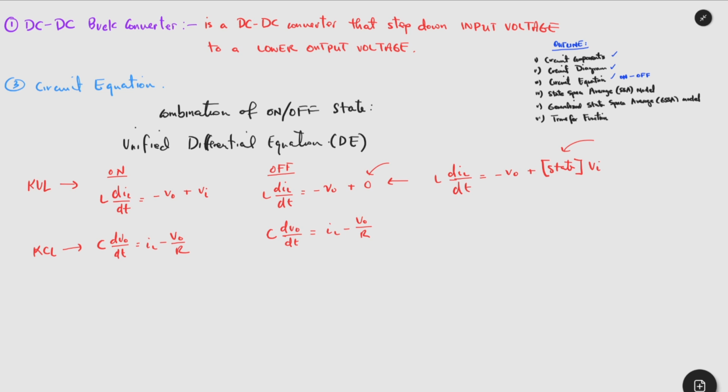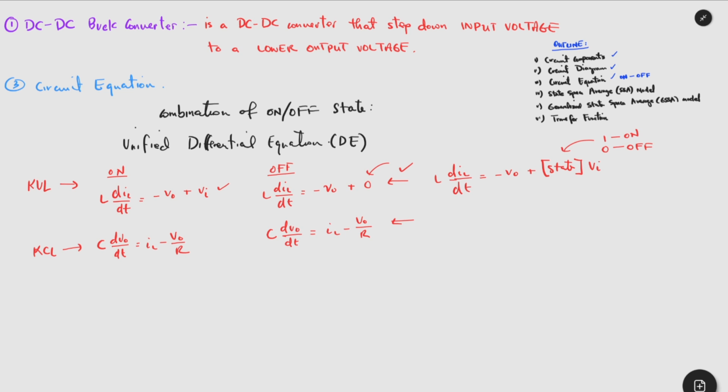The state will be 1 when the switch is on and 0 when the switch is off. So when it is on, 1 times V in gives us this equation. And during the off state of the DC to DC buck converter, especially the MOSFET, we will have 0 times V in, which gives us this equation.